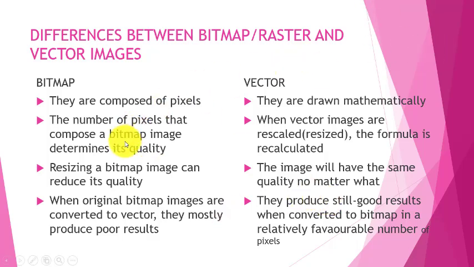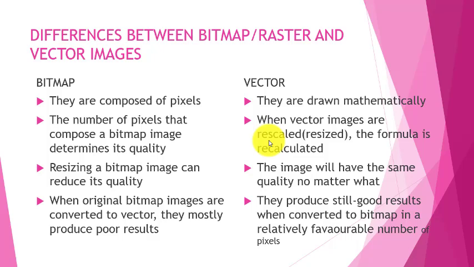The number of pixels that compose a bitmap image determines its quality. Yes, I've also emphasized this earlier on. When vector images are rescaled, the formula is recalculated. Let's say, for instance, a vector image that's made of probably height of 30 and width of 20. When scaled, then the height adjusts and the width adjusts automatically.